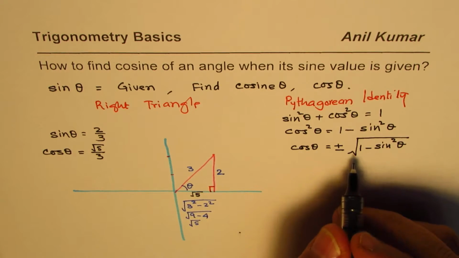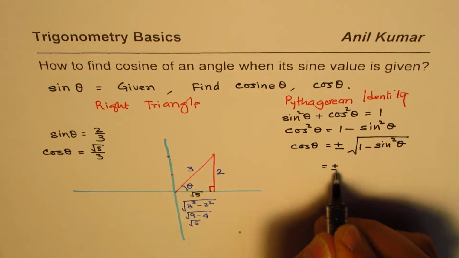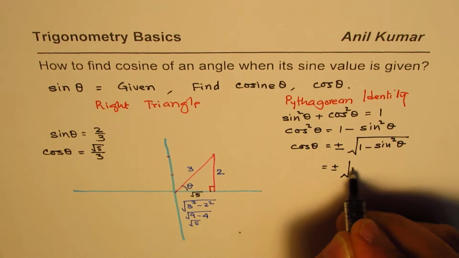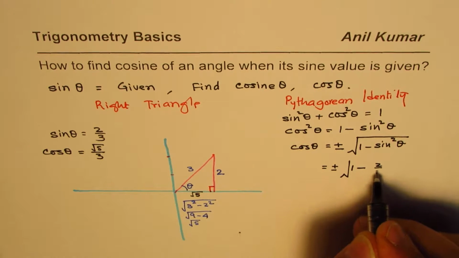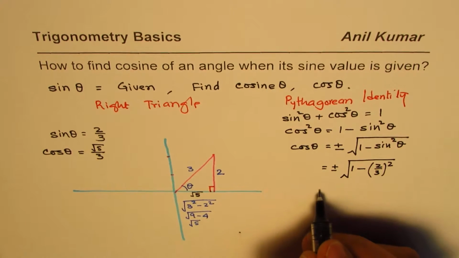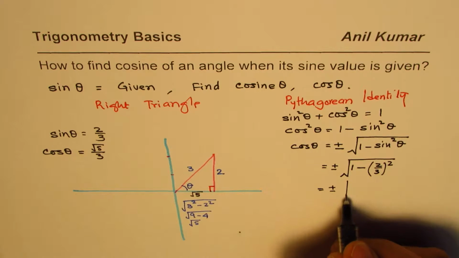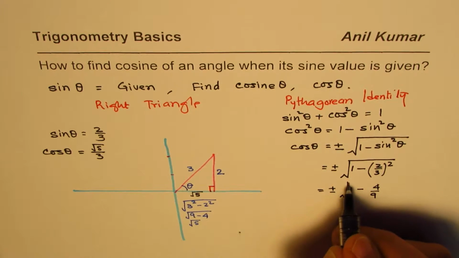Now this formula can help us get the answer. So we say cos theta equals plus minus square root of 1 minus sine theta, which is 2 over 3, so we'll write 2 over 3 whole square. Is that okay? Now that equals plus minus square root of 1 minus 4 over 9.